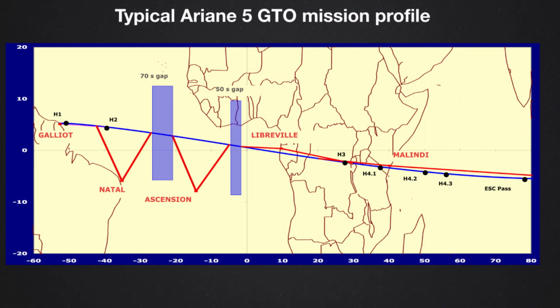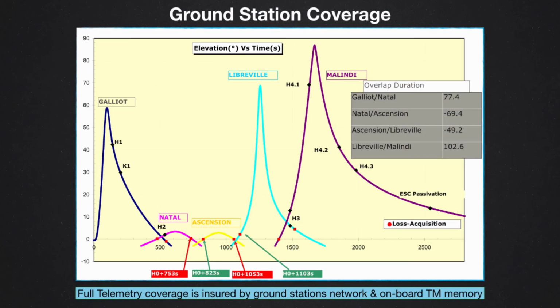So as of today, since Ariane 5 has more than 55 launches and is working very well, we are ready to release the constraint that I described at the very beginning of the lesson, to have the full visibility along the trajectory. And in this moment, we can basically allow to have a 70 seconds gap between Natal and Ascension Island, okay? Knowing that in any case, we will get the telemetry from these 70 seconds as soon as we become in visibility of the next ground station.